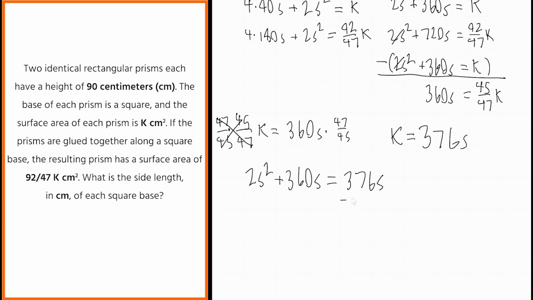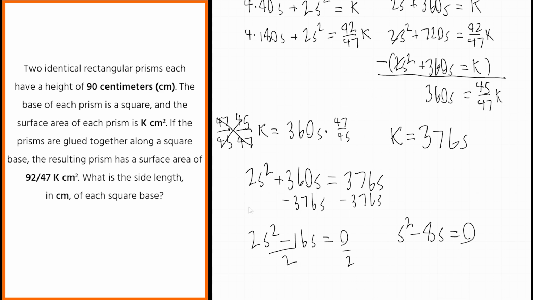Now we have this equation only in terms of s, and so we can easily solve for the value of s. So we subtract 376s from both sides, and we get 2s squared minus 16s equals 0. If we divide both sides by 2 to get rid of this 2 in front of the s squared, we end with s squared minus 8s equals 0.